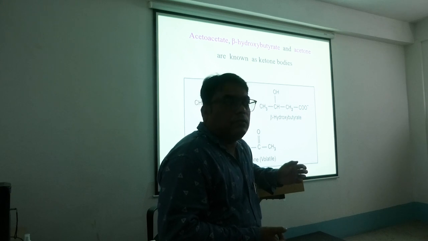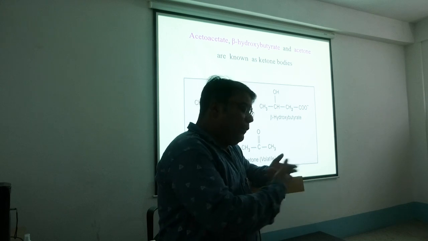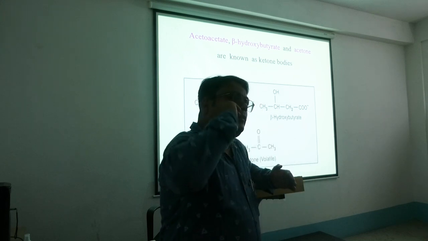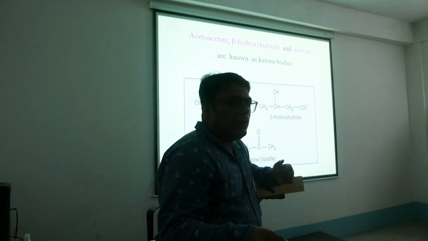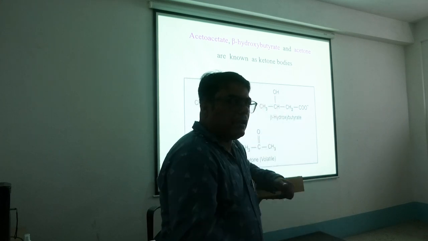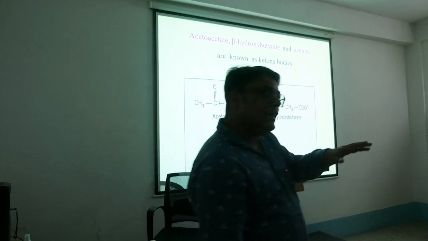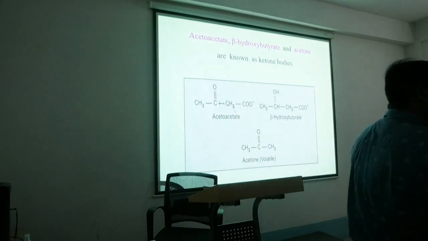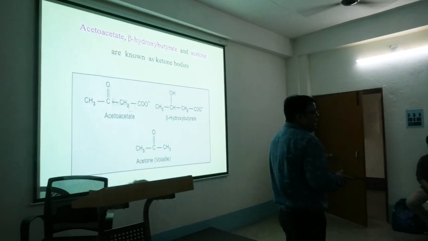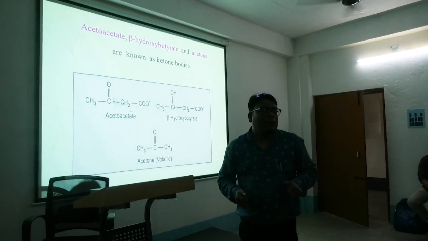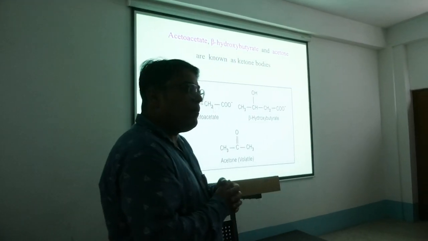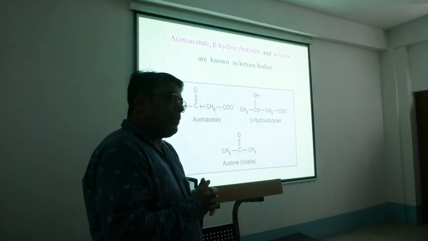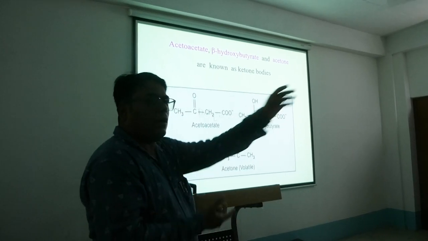Acetone is formed. Okay. So when there is any kind of acidosis, you have already completed the acid-base topic. When any kind of acidosis occurs, a compensatory mechanism is activated, meaning buffer action is activated. So respiration through the lungs can maintain this buffering action by taking in CO2 and carbon.